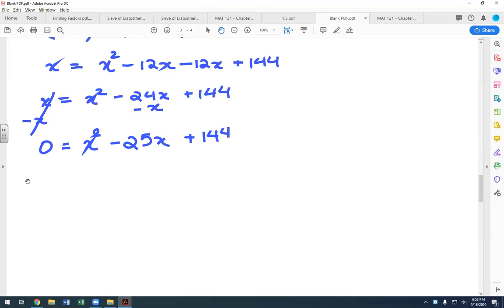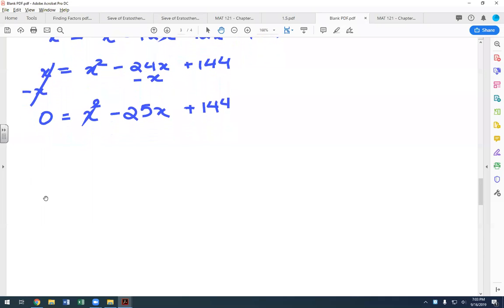Yeah, it can actually be factored. Okay, so if you are using the quadratic formula, I'm actually going to break it up into two parts.